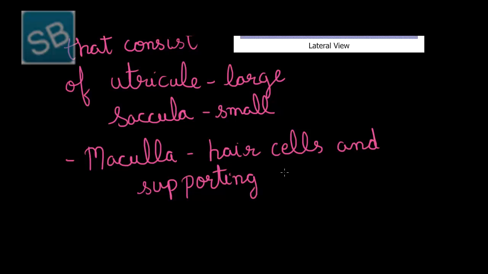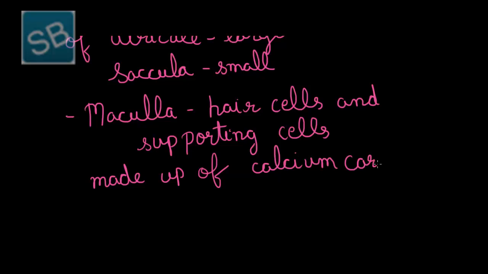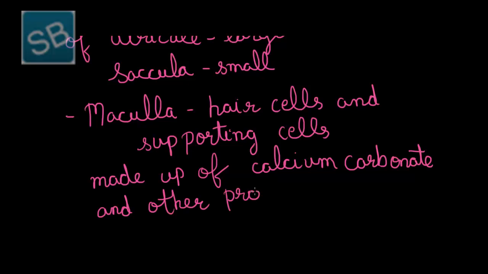As said earlier, hair cells are the structure or the cell that prevents the entry of dust particles. There are also supporting cells, which is made up of calcium carbonate and other proteins, which helps hair cells to prevent the entry.